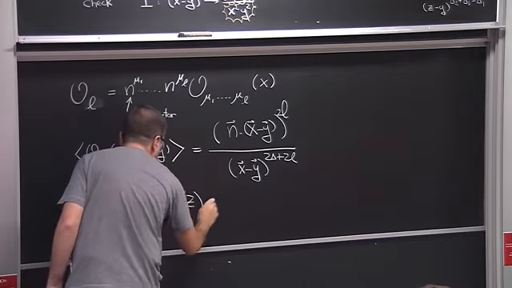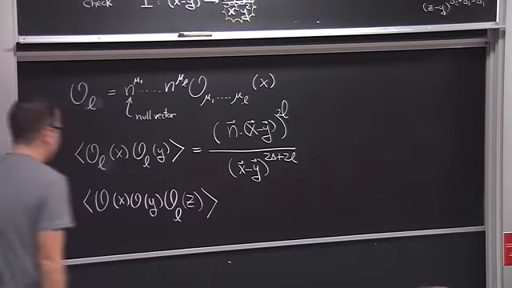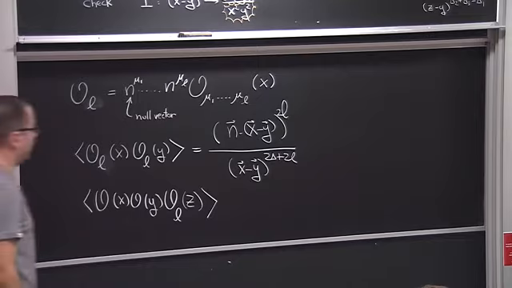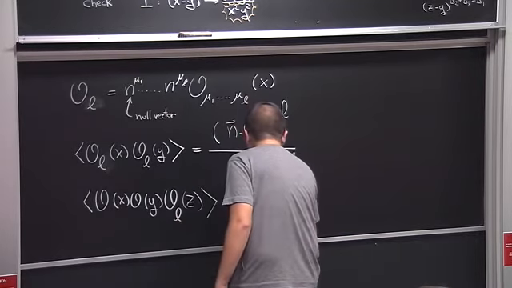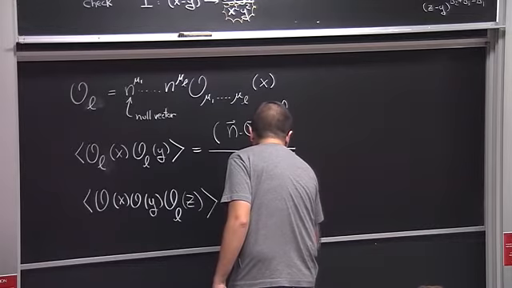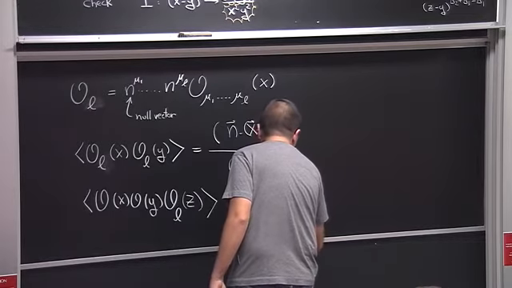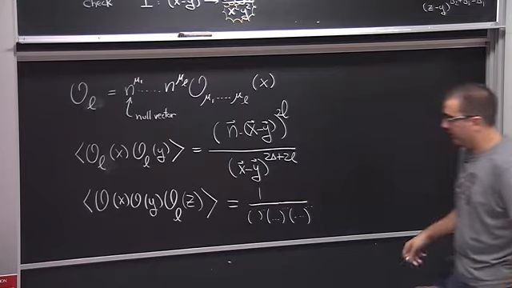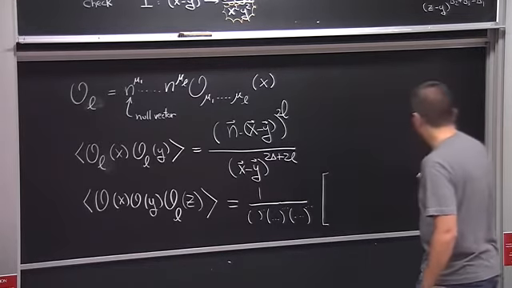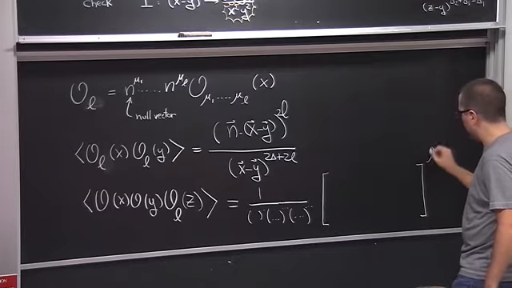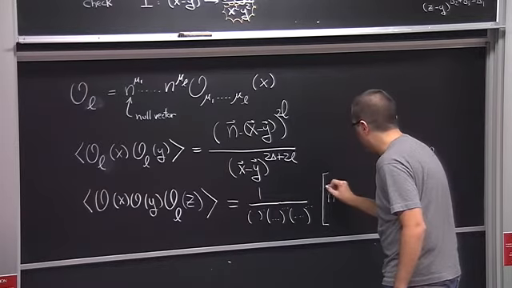And if you have a correlation function of O of x, O of y, two scalars, and a third operator that is an operator with spin, this result is equal to, there are a bunch of powers, like for the scalar. I'm not going to write them. You can work them out if you want. But the interesting part is the tensor part because this is a tensor. And the tensor part is again some structure to the power L, but now the structure is a bit different.